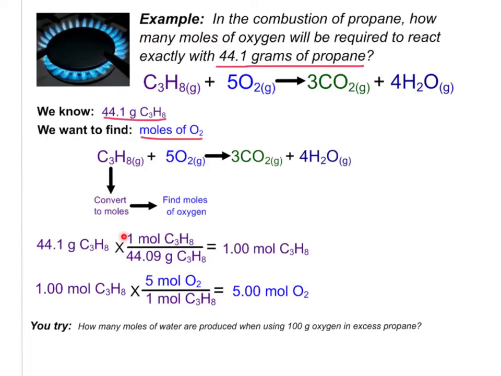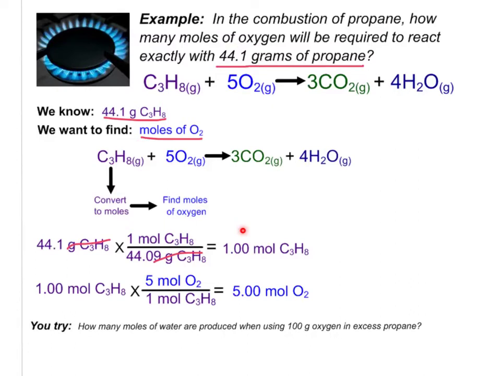Remember our molar mass, 1 mole of propane equals the molar mass of propane in grams, which is 12.01 times 3 for carbon and 1.008 times 8 for hydrogen. We come up with our molar mass of the entire compound, 44.09 grams per mole of propane. And we put the grams on the bottom so that grams of propane cancel out. And we end up with 1.00 moles of propane, 3 sig figs here.